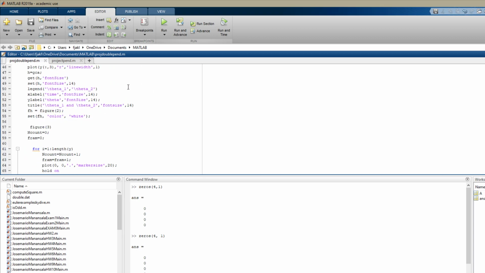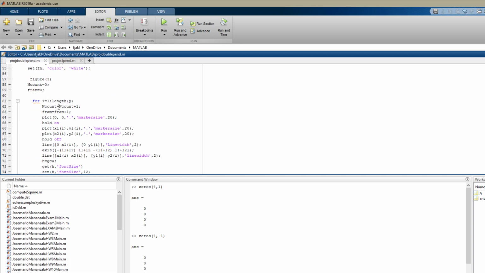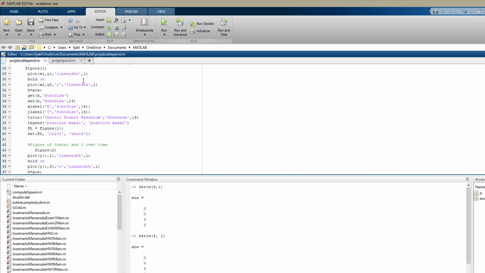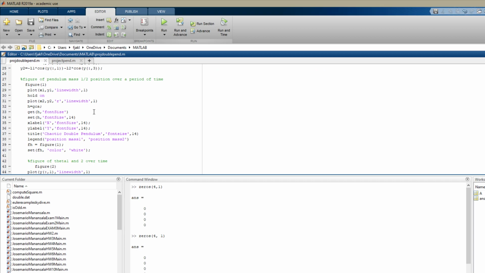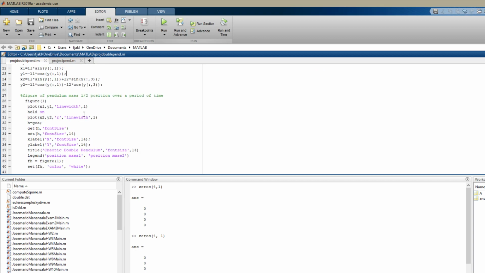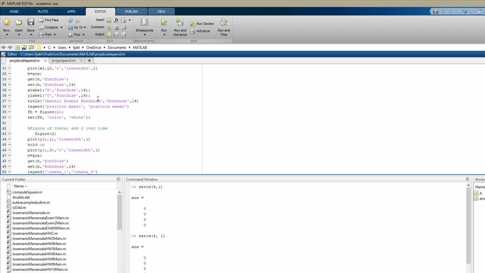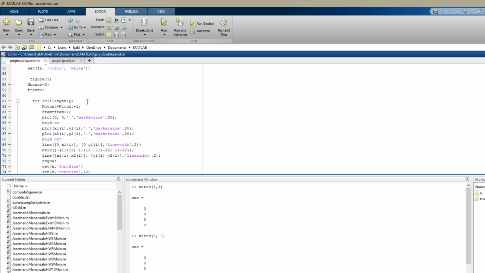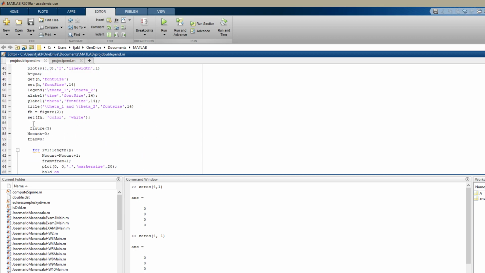Then we have some basic charting things. This is the mass 1, 2 position over time. This is theta 1 and 2 over time. And this is a movie that I forgot to label.